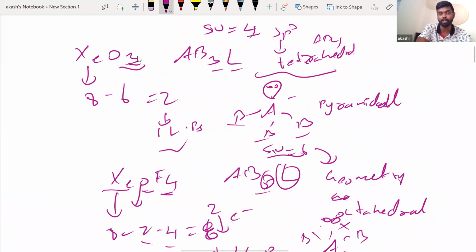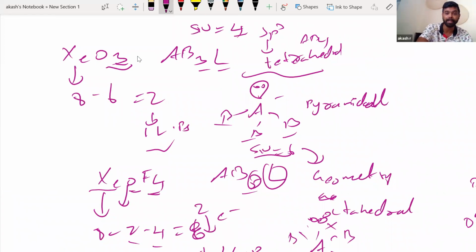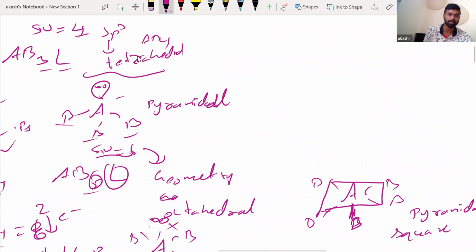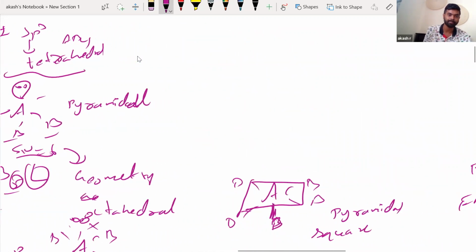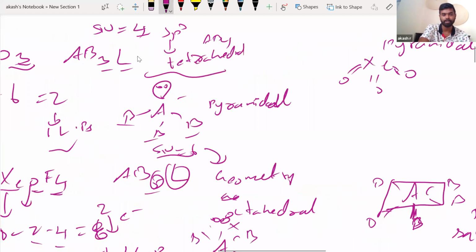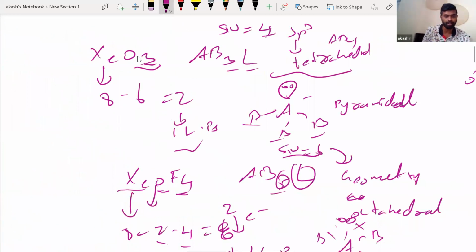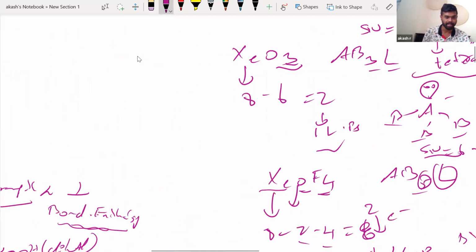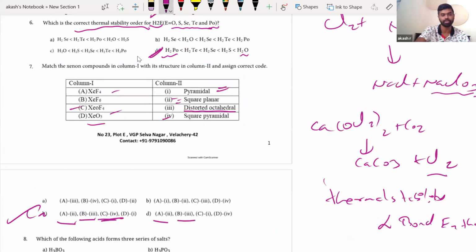The geometry or shape is called pyramidal. So this is exactly how your XeO3 will be. This is my pyramidal shape. So definitely my XeO3 would have been pyramidal, that is D is 1. Yes, D is 1. So the correct answer to this question is option C.